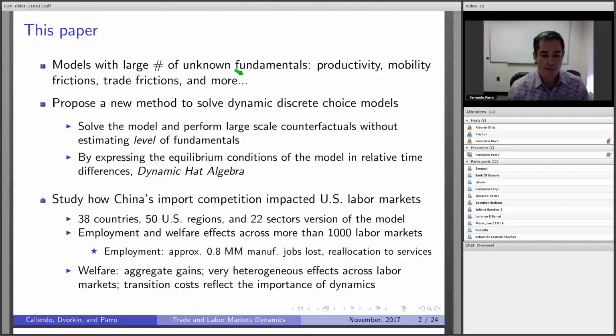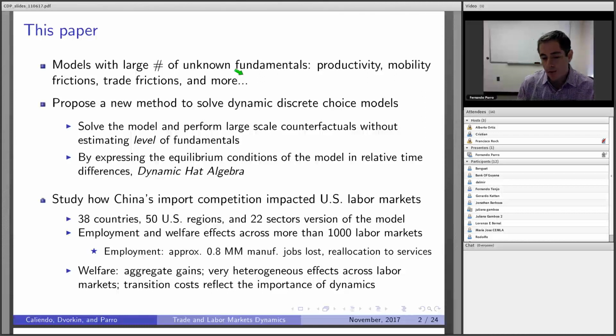And in particular, a model with all the characteristics, all the features that I just described may seem unfeasible to compute because in the environment I just described, agent decisions are going to depend on a large number of unobservable fundamentals of the economy that are usually hard to identify, such as bilateral migration frictions, bilateral trade costs, productivity levels by industry, region, and country, and so on.